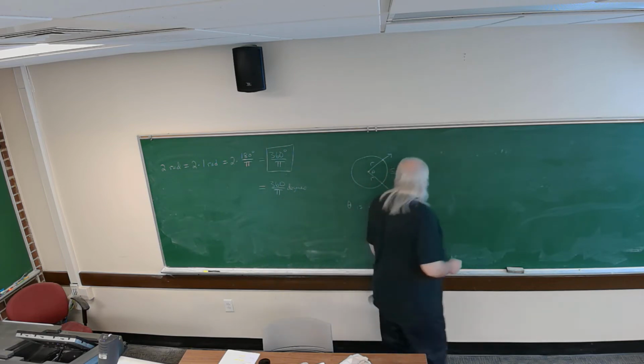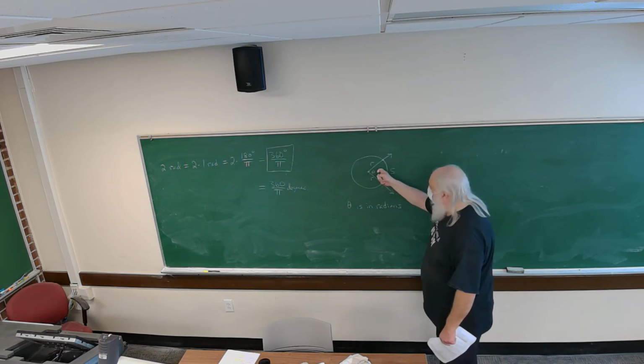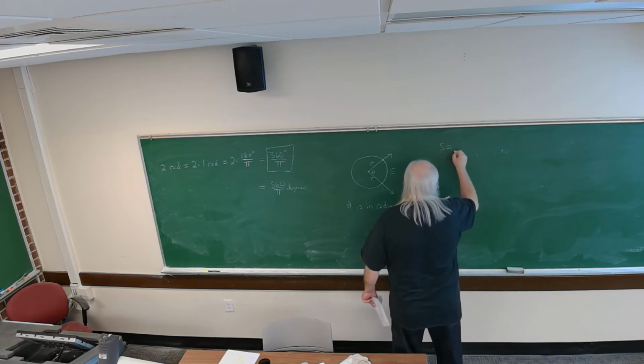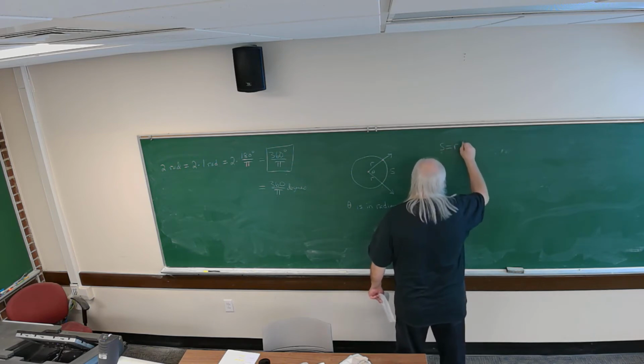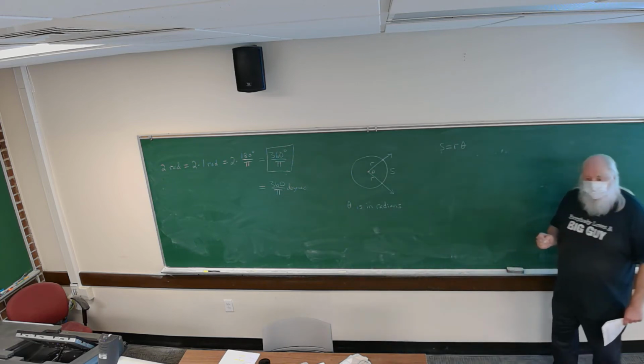Then the relationship between the length of the arc s, the radius of the circle r, and the angle theta is given by the formula arc length is equal to the radius times the angle theta. Okay, it's a very simple formula.